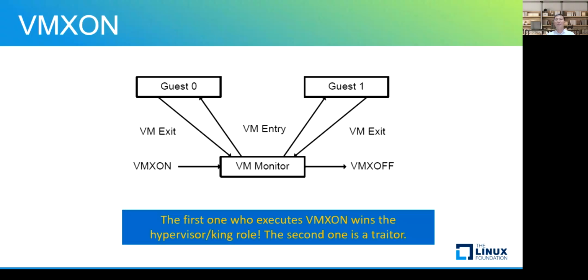If other software executes the instruction after that, it will fail and it will be treated as a traitor. This diagram shows the CPU's execution route in a VT environment. We will talk about it later in more detail.